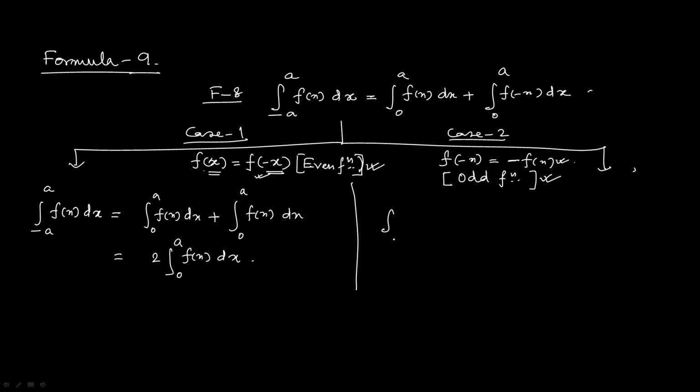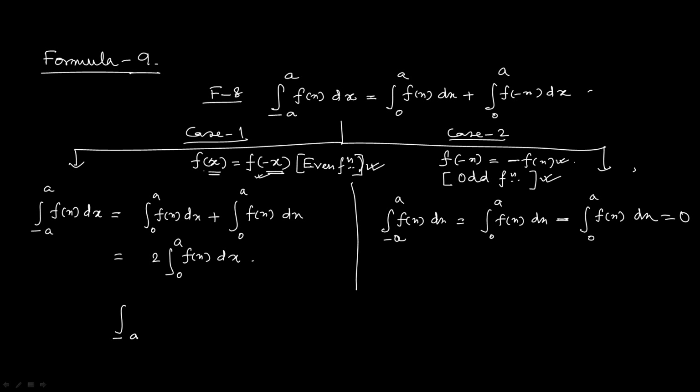Here when I put f(-x) equal to -f(x), it will become minus the integral from 0 to a of f(x) dx. So ultimately this gives 0.